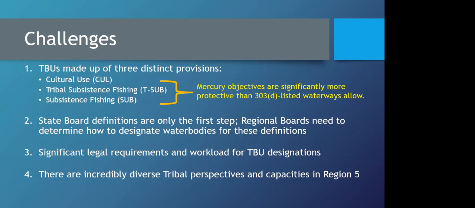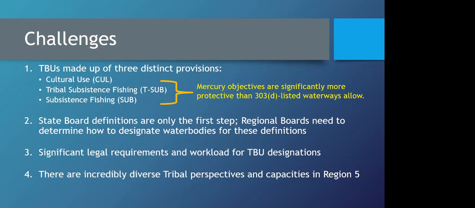The mercury objectives that go along with these, and these are relatively unique in that they do have mercury objectives that go along with the designation. They are significantly more protective than many of our 303D listed waterways will allow. It's a very protective mercury objective for good reason. We're protecting waterways and resources that are consumed or touched regularly. And so we want to make sure that the water quality is of adequate quality to protect human health.